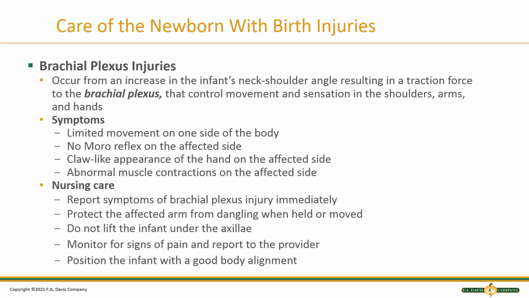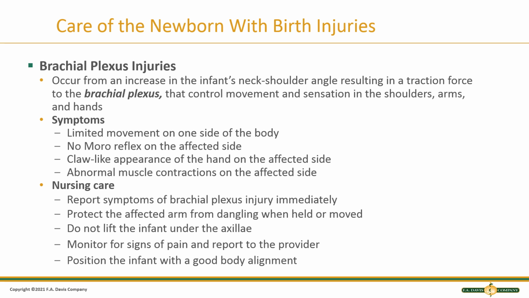We need to protect that affected arm from dangling when held or moved. We don't want to lift the infant under the axilla. We want to look for pain and report to the provider. And we want to try to position the infant with good body alignment. This baby may need physical therapy, range of motion activities, and sometimes surgical intervention is needed to provide a nerve graft.